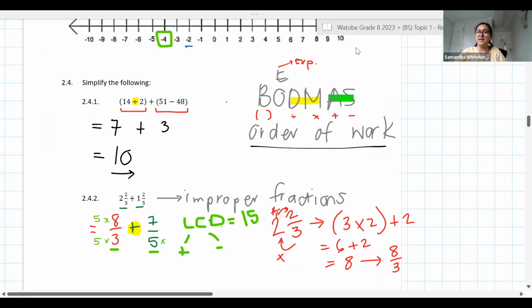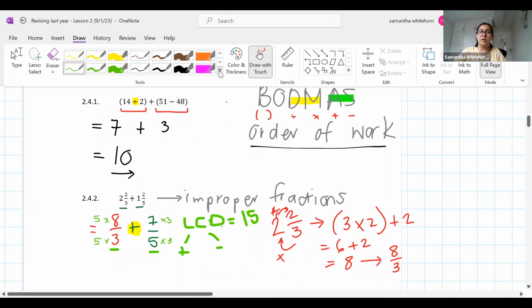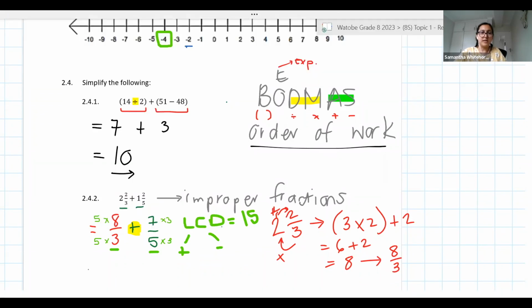Okay, no problem. Isona, what do we do? 3. Times it by 3. Excellent. But if I'm going to times the 5 by 3, I also need to multiply the 7 by 3. Well done.